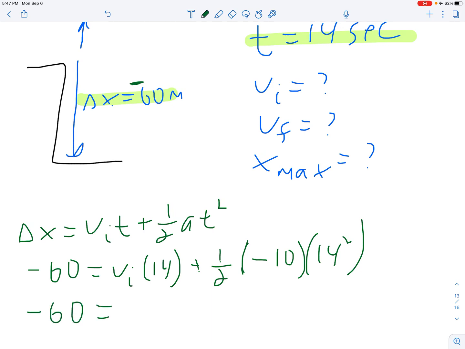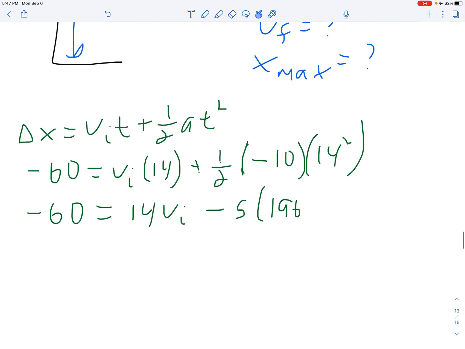So I get negative 60 equals 14 VI minus half of 10 is negative 5, and then 14 squared is 196. Okay, so I get negative 60 equals 14 VI minus 980.